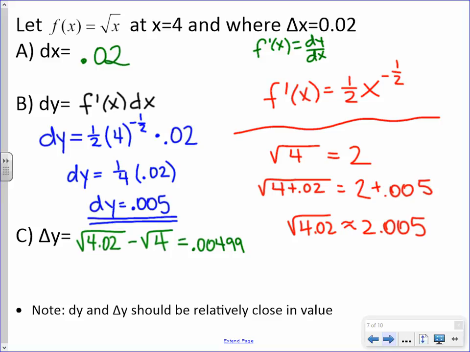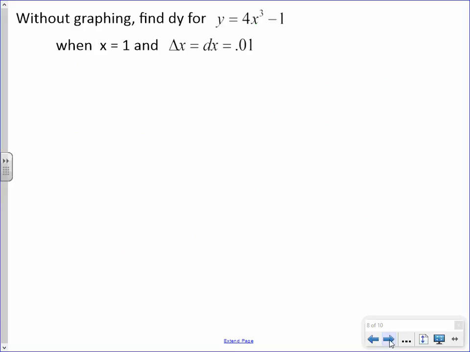Are dy and delta y very, very close to each other? Yes. So this is a pretty darn good approximation because the actual value is 2.00499. Any questions? Okay. Go and write this example down, please.